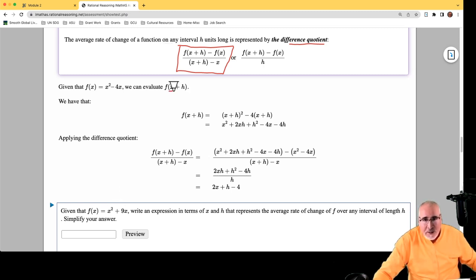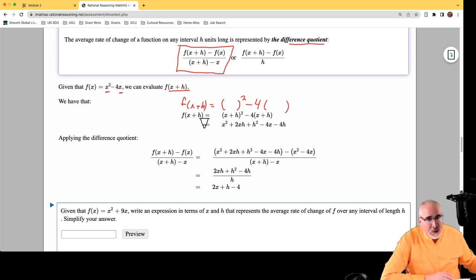So what is f of x plus h if this is our function? Notice there are two places to plug in the input here. When you start to do this, the first step is to take the function f, which is x squared minus 4x, and rewrite it with open parentheses, so that's x squared minus 4x, and then inside those parentheses you put the x plus h.